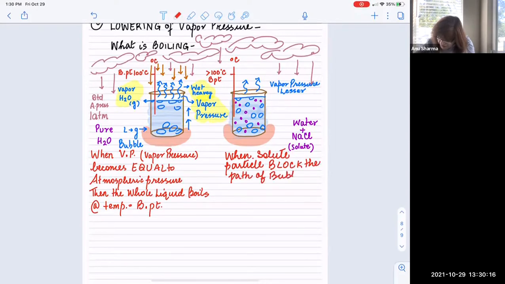What are bubbles? Bubbles are just gases. The water in the liquid state has converted to a gaseous state. So solutions will take longer to boil.